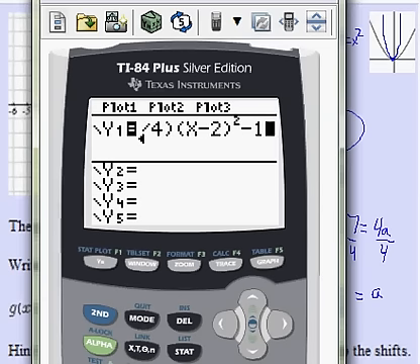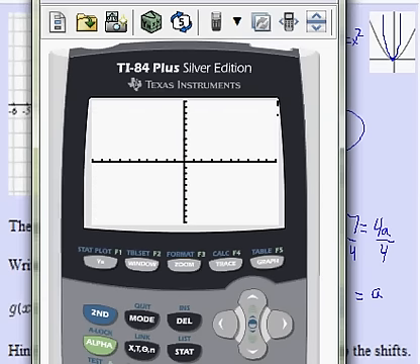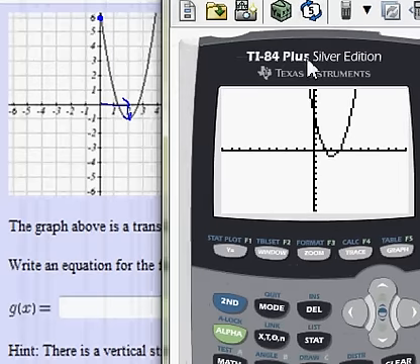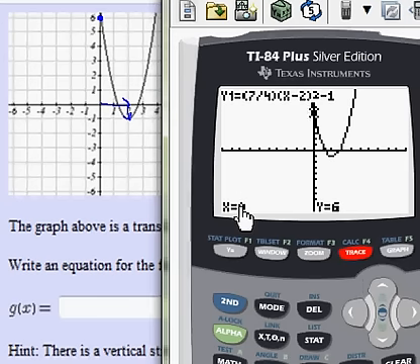and then to move it down one you write minus 1. So if I was to hit zoom 6 to graph this in a standard window, I should see that I get a parabola that, relative to y equals x squared, got moved to the right 2, down 1, and also passes through 0, 6. In fact, if I hit trace, the default on the calculator is to start at x equals 0, and notice that it goes through 0, 6, just like this one.